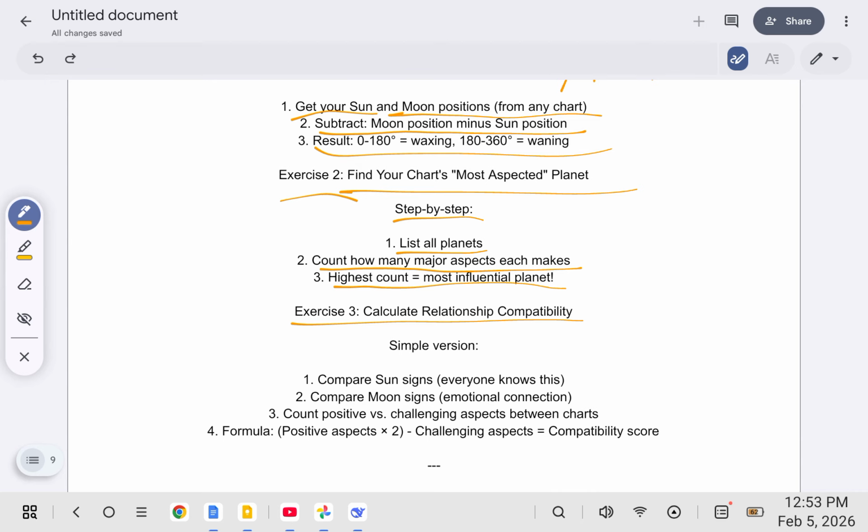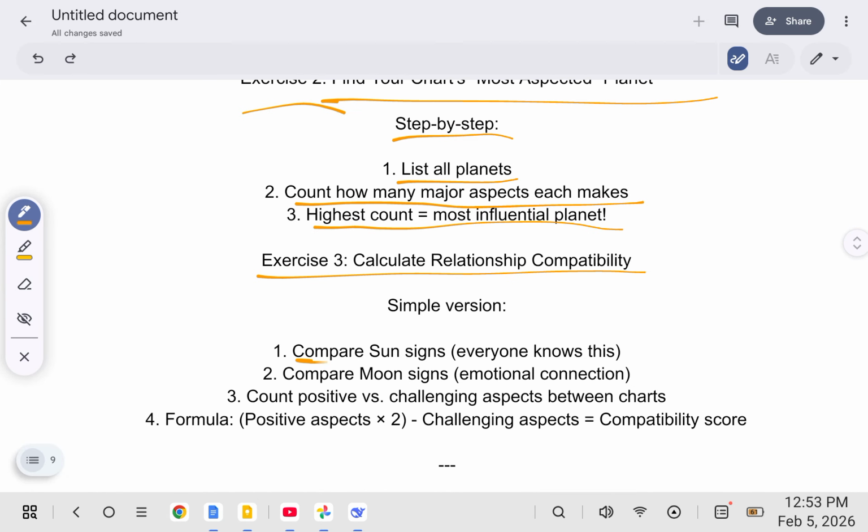So, we are to calculate relationship compatibility. Simply, we compare sun signs first. Everyone knows this. We compare moon signs, emotional connection. We count the positive versus challenging aspects between charts.